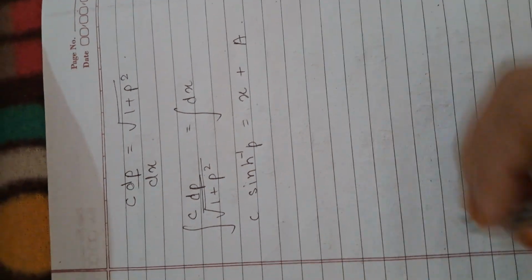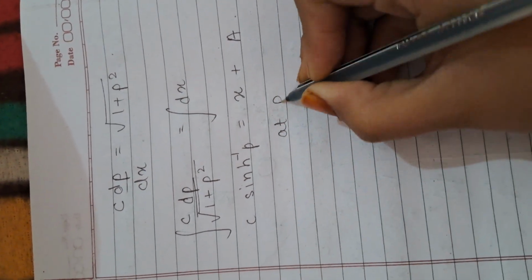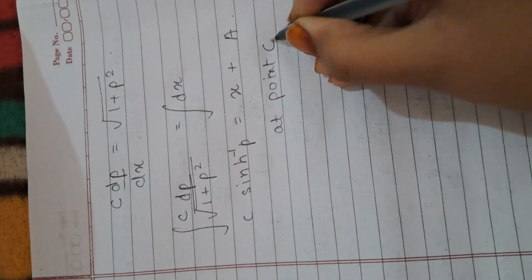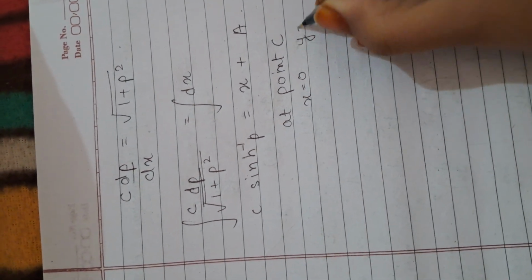Here we will find the value of a. At the lowest point, that is point c, the value of x is 0 and y is c.